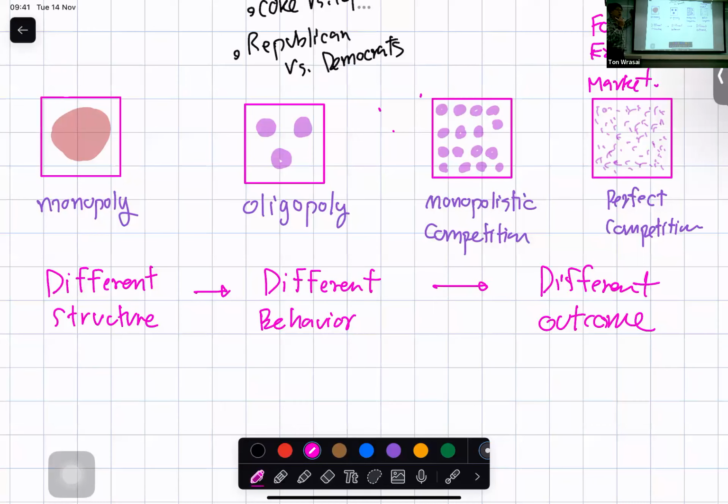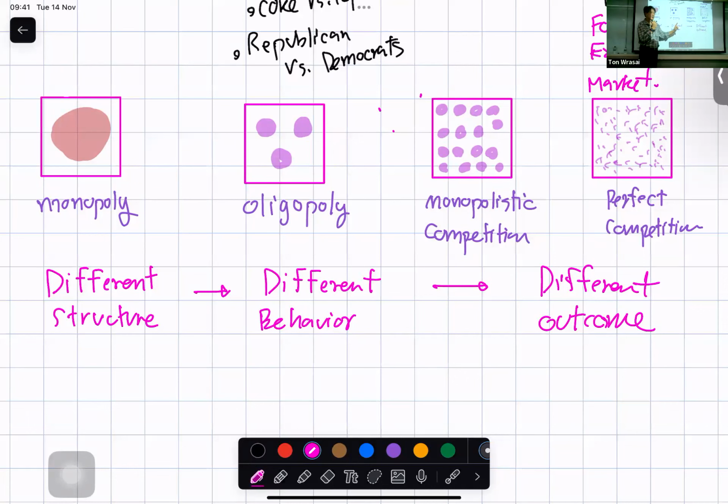So different market structure among these four leads to different behaviors of firms in the market, different strategies, and at the end, different outcomes.